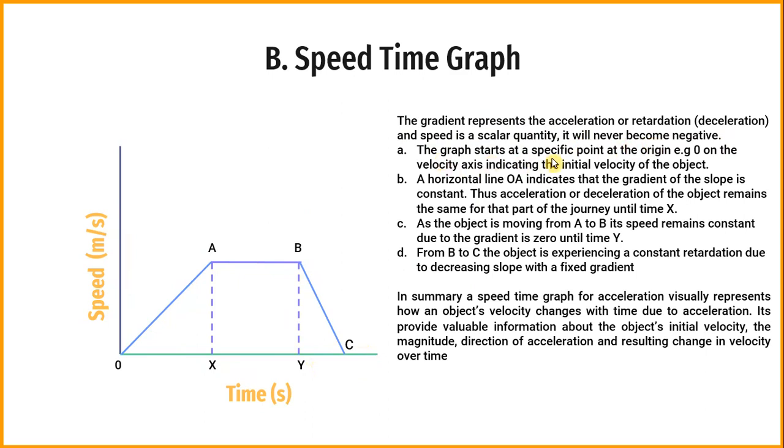The graph starts at a specific point at the origin, which is 0 on the velocity axis, indicating the initial velocity of the object.